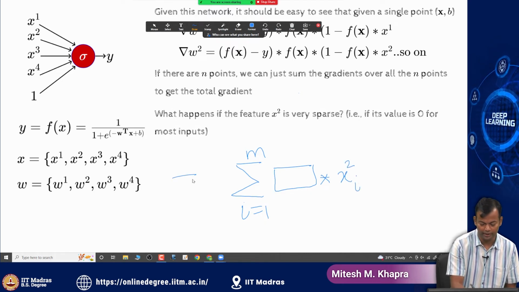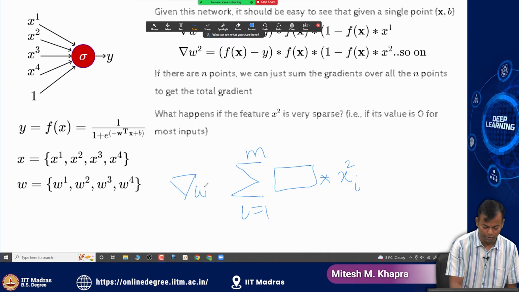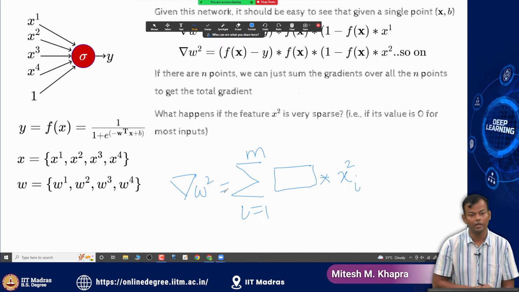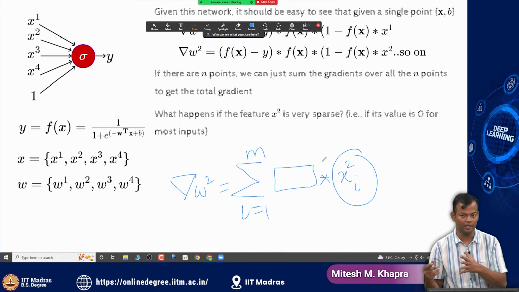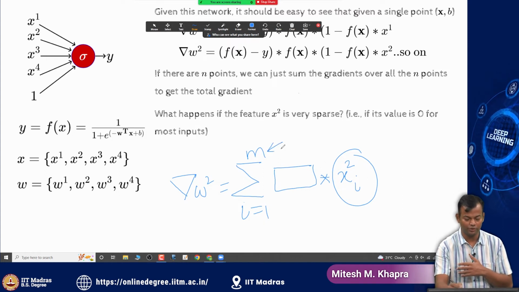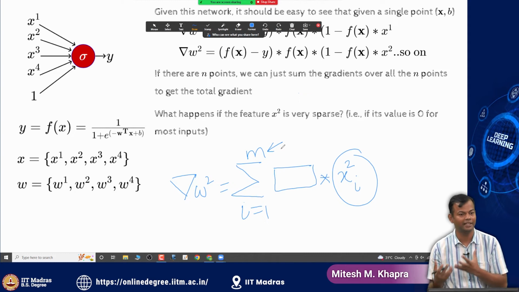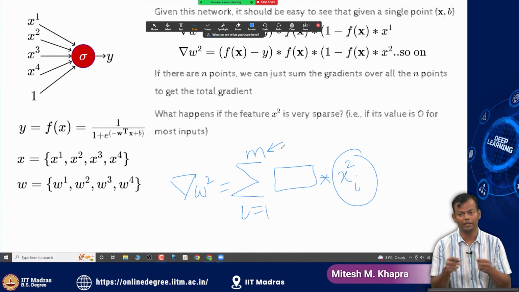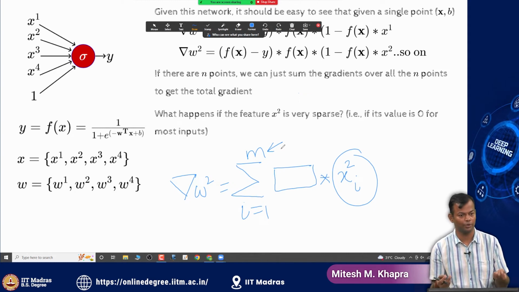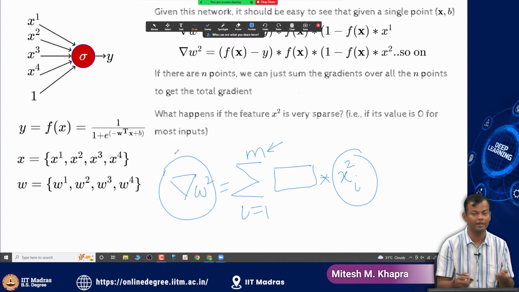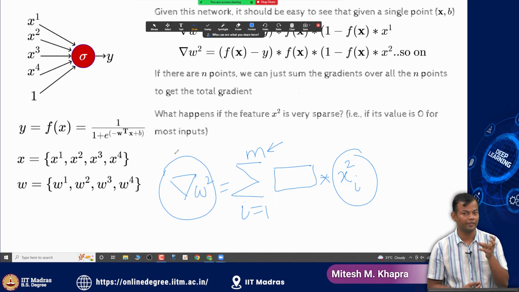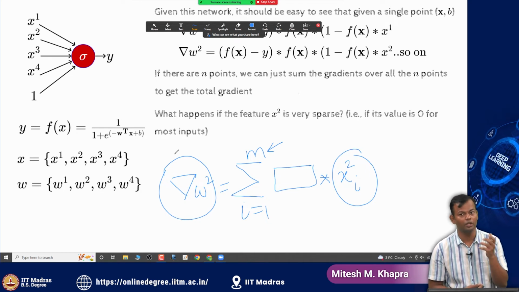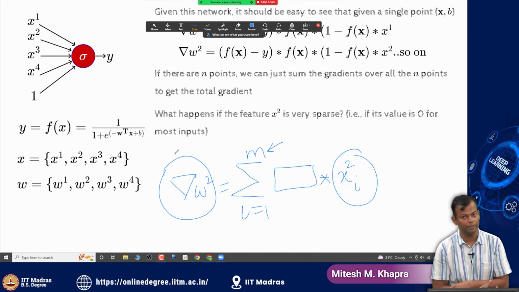Now if this feature is very sparse, that means when I'm taking this sum, if m is equal to 1000, and out of 1000 times, 990 times this feature is going to be 0, then 990 terms in this derivative are going to be 0, right? That means my total derivative is going to be very small for weights corresponding to sparse features.